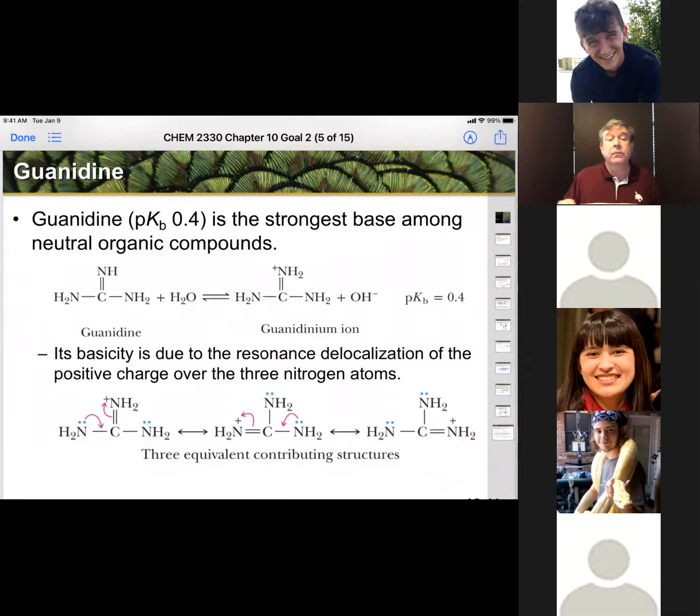Because of resonance delocalization of that positive charge, it's more likely to accept a proton, and each of the nitrogens only shares a third of that positive charge, making it more basic. It's just like the opposite of acetic acid. The fact that you can share that negative charge over 2 oxygens makes it more acidic than other acids. Because we have 3 nitrogens here and we're sharing that charge, it is the most basic of the sets.